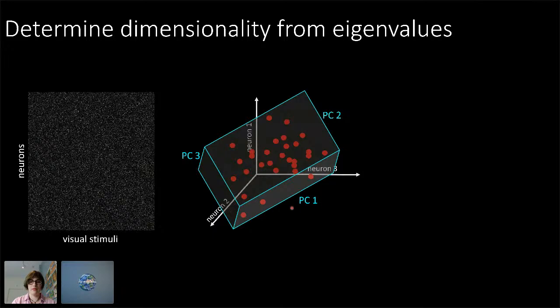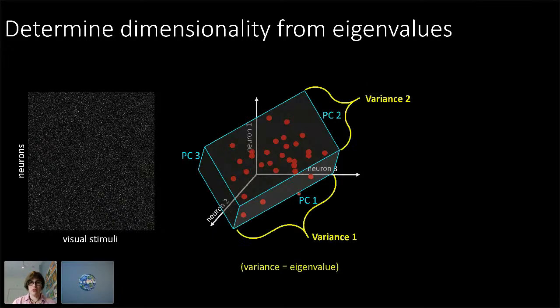And so the lengths of these axes are the variances, and these variances are the eigenvalues of the system. They're the variance of the neural activity, and these are what we call the eigenvalues. And so we can think of, let's say with this system, maybe we have 3 dimensions which have positive eigenvalues.